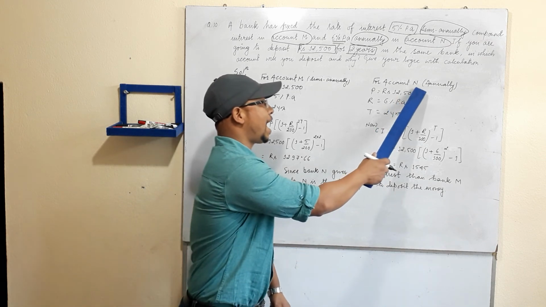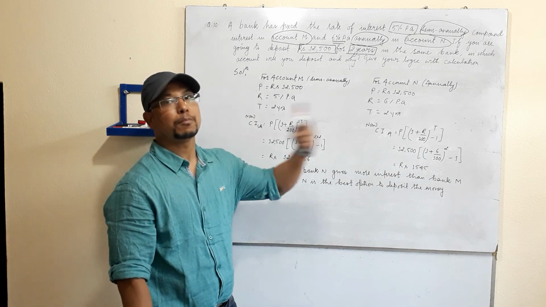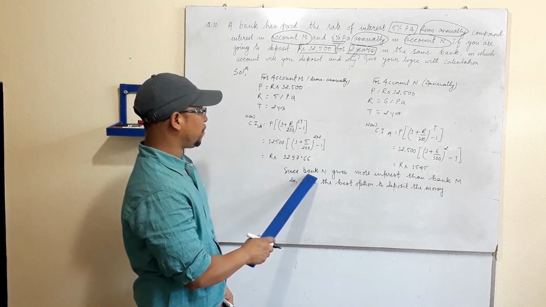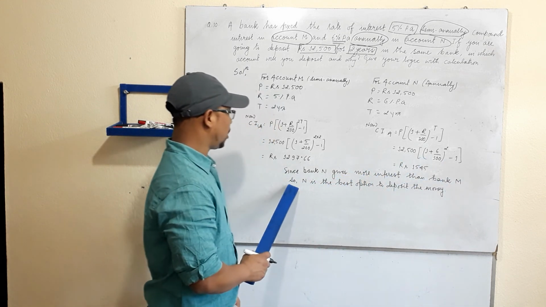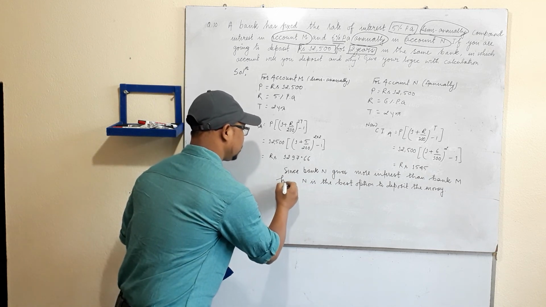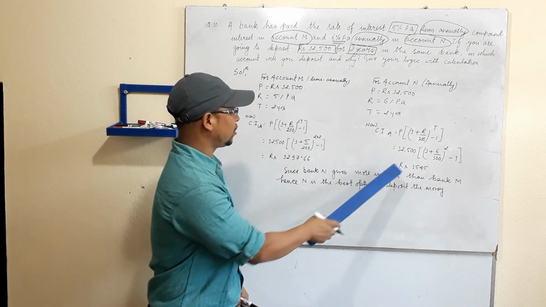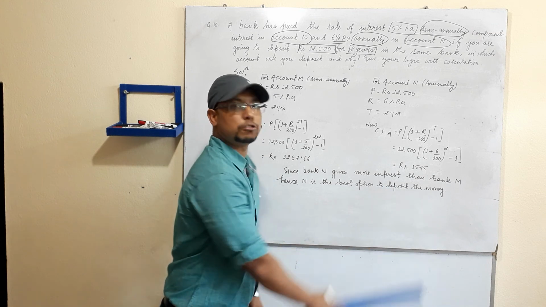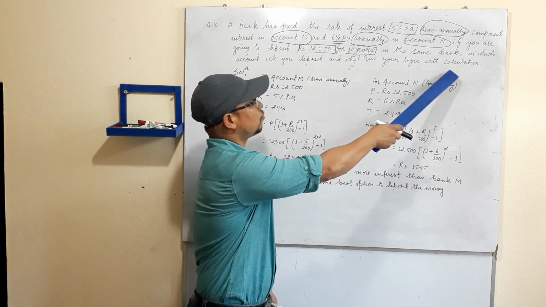So obviously you will deposit your money in account N. Since account N gives more interest than account M, hence N is the best option to deposit the money. This is your final conclusion.